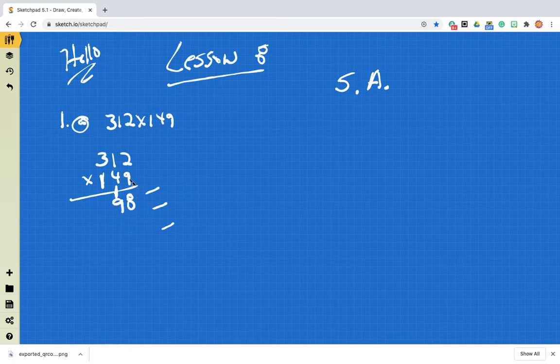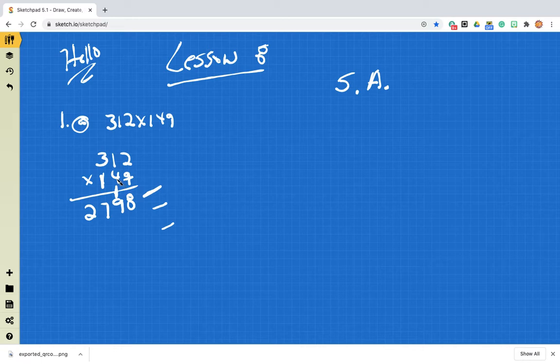Now, 9 times 3 hundreds. 9 times 3 is 27. 9 times 300 is going to be 2,700. So we put a 7 in the hundreds place, a 2 in the thousands place. And we're done with the 9, and that's our first partial product right there.